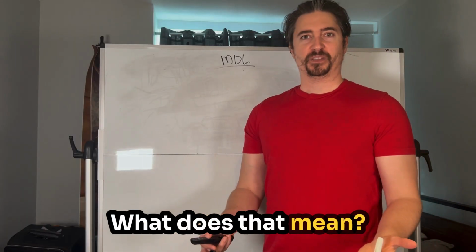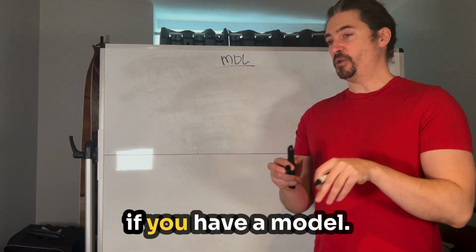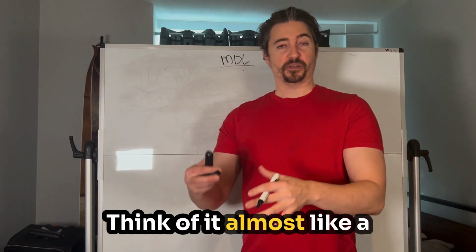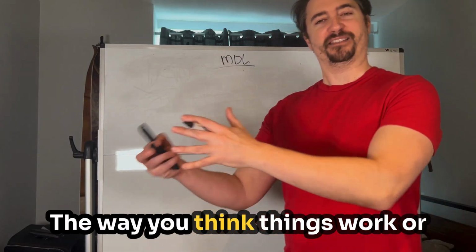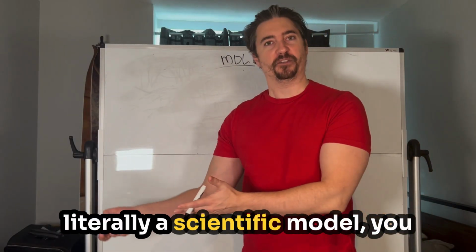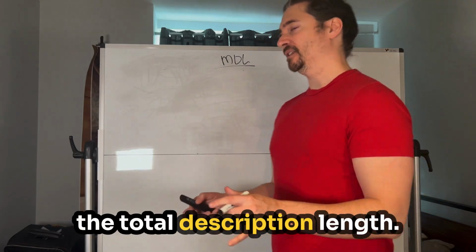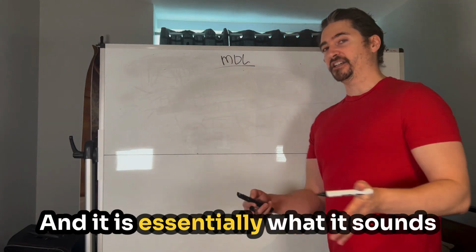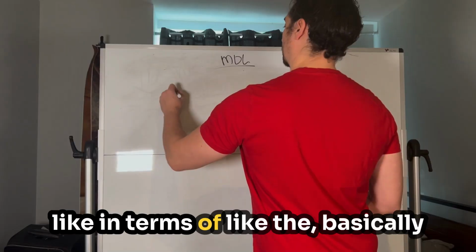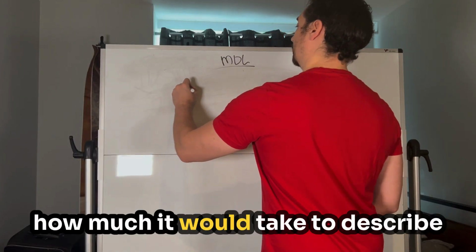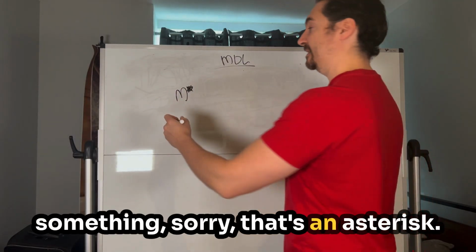What does that mean? Well, it's saying that if you have a model, think of it almost like a worldview of something, the way you think things work, or literally a scientific model, you prefer the model that minimizes the total description length. It is essentially what it sounds like, basically how much it would take to describe something. Sorry, that's an asterisk.